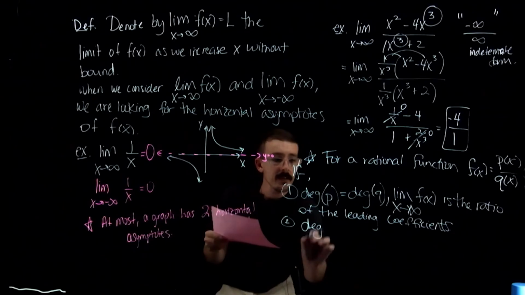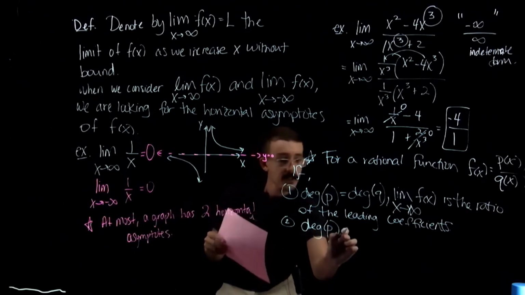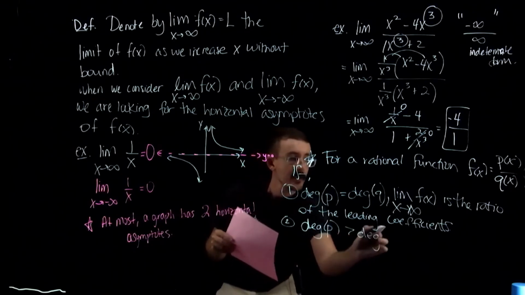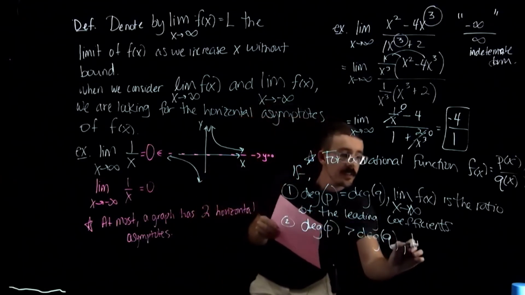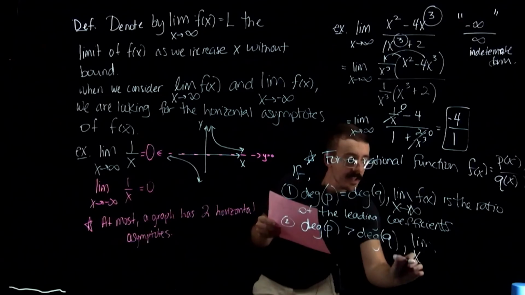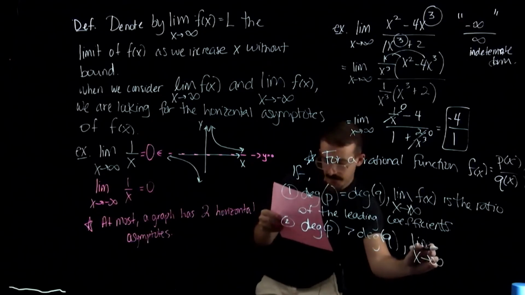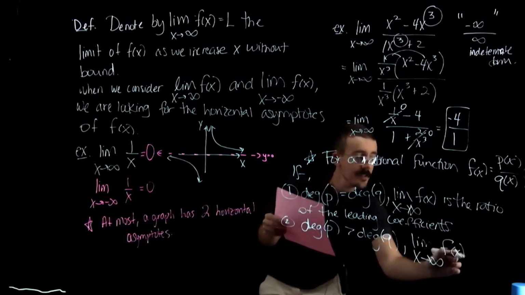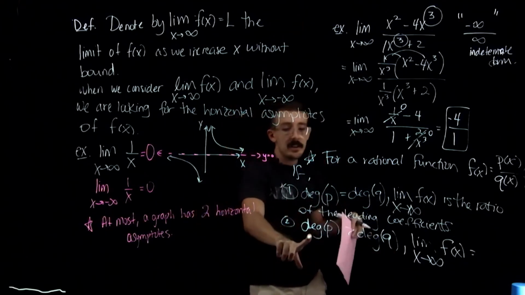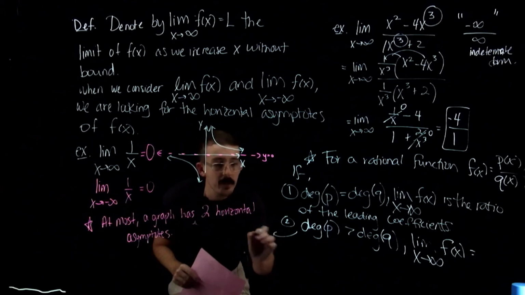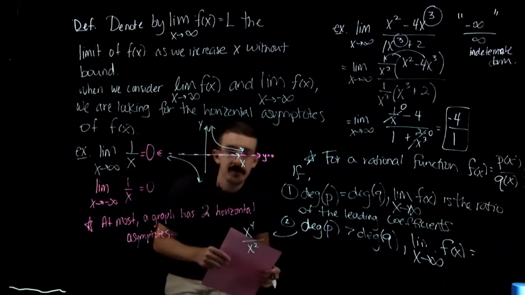if the degree of p is greater than the degree of q, then the limit as x goes to infinity of f of x equals, and let's think about that. So if the degree is larger, let's say it was x to the 4th over x squared.